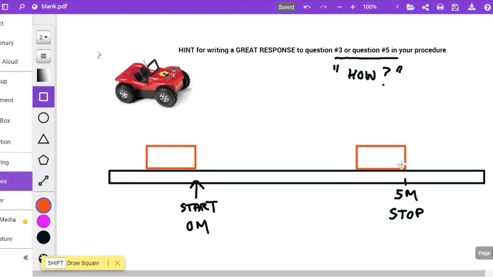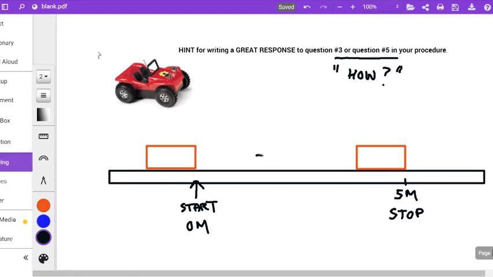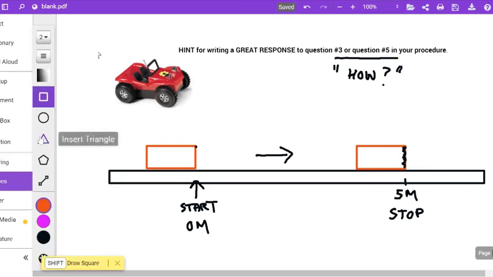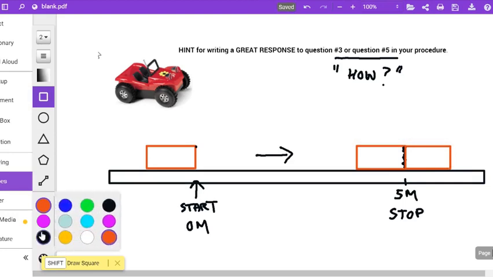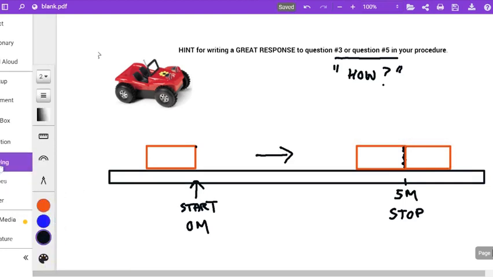Okay, so if the car is moving to the right, do you stop timing here, right? In other words, when the front bumper of the car reaches the 5 meter mark, is that where you stop? Or do you let the car go further and do you wait until its back bumper crosses that line? So it's kind of like which one should you do, right?